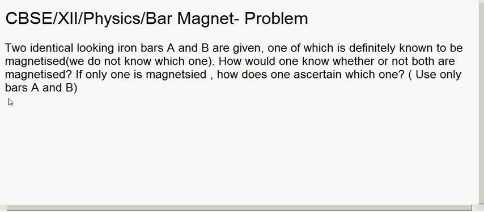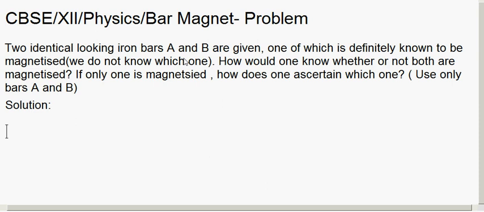So how can we do this? Here the repulsion is the sure test of magnetism. In this type of question, we have to fix one bar, and the other bar we have to move closer to the first fixed bar. So let us say any one bar.